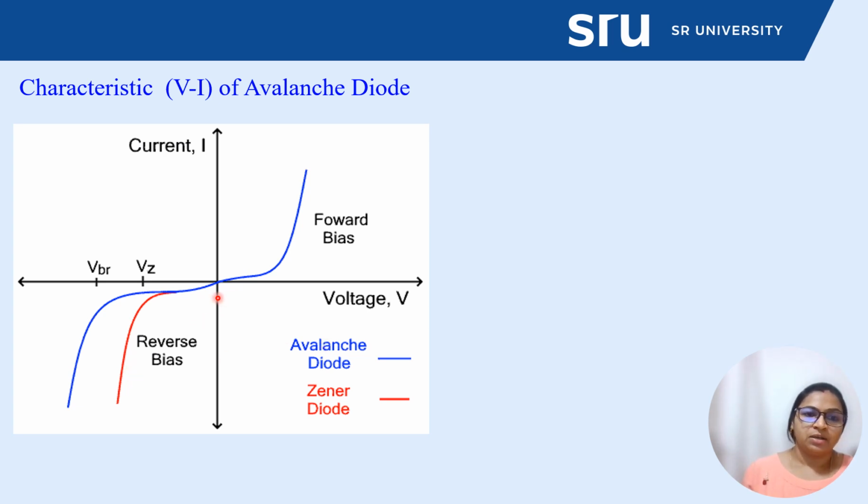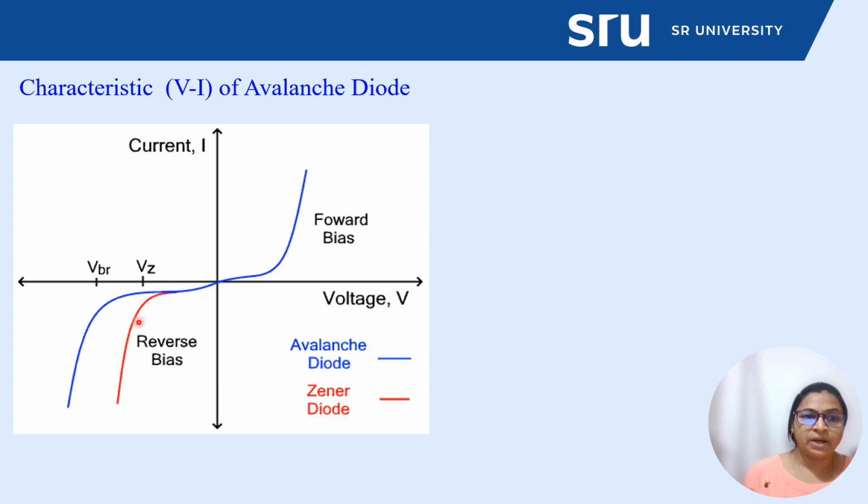Actually, for a normal diode this slope is very close to the axis, meaning the reverse current is very small, because in a normal diode the reverse current is due to minority carriers. The avalanche diode allows electric current in the reverse condition when the reverse bias voltage exceeds the breakdown point.